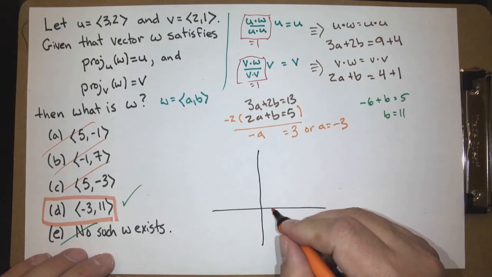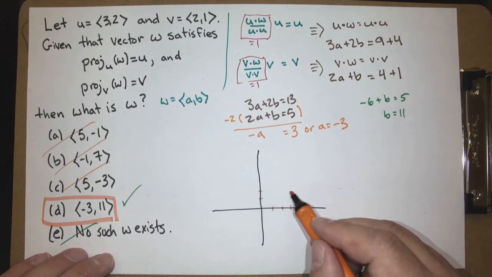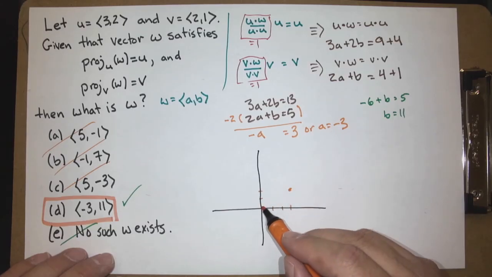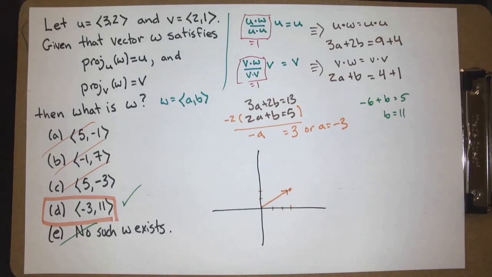So that says you go a change of 3 in the x direction and a change of 2 in the y direction. So there's the vector 3, 2. And I'm told I'm looking for a vector so that the projection onto that is the same vector, 3, 2. Can we describe all such vectors?